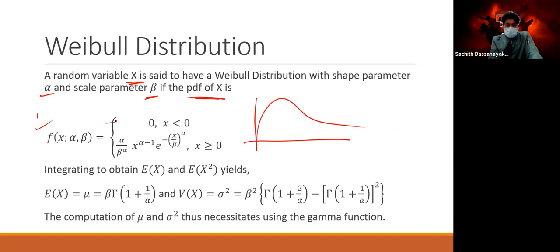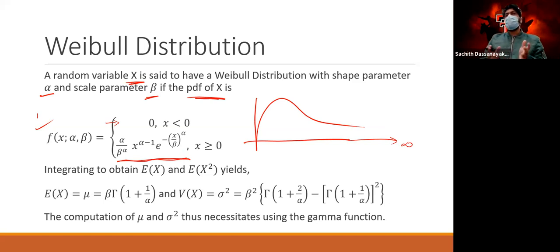See, first one. But for x greater than 0, it has its own PDF, and it goes up to infinity. Clear? So you have to remember these PDFs.